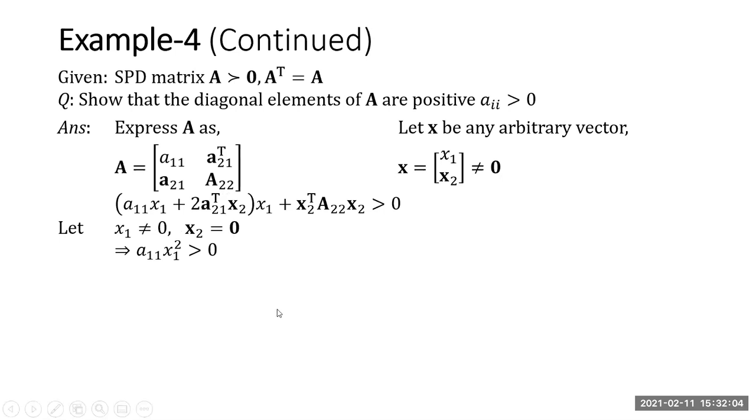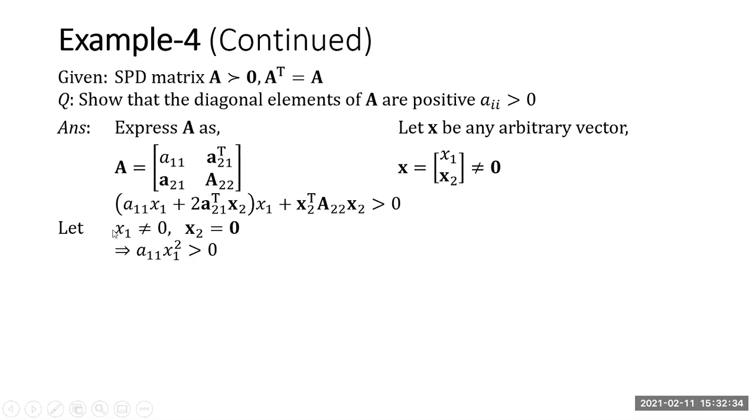Right? Now, x1 is not equal to 0, so x1 squared must be greater than 0. What can you infer from this about A11? It must be strictly greater than 0. So we showed this for i equals 1. A11 is strictly greater than 0.